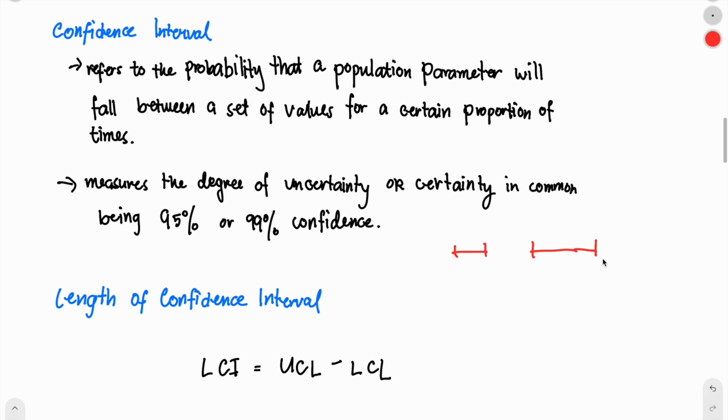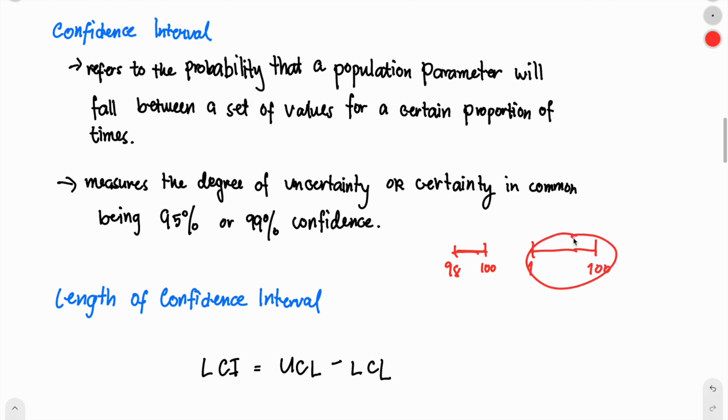So for example, at 95% level of confidence, I am sure that the mean value falls between 98 to 100. We prefer a shorter length of confidence interval rather than when we say 1 to 100.